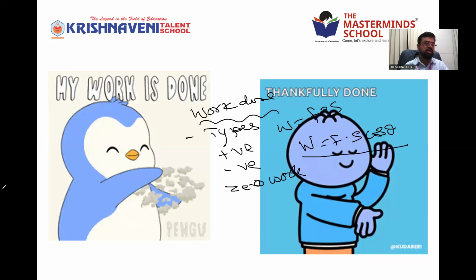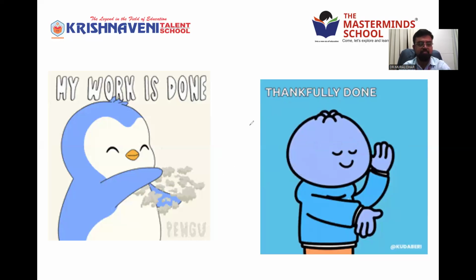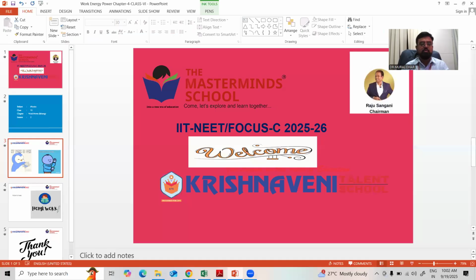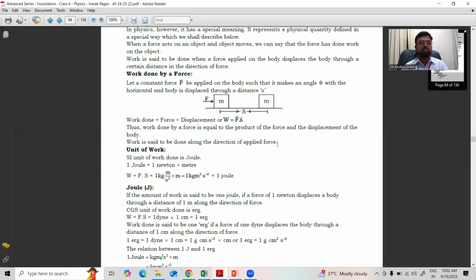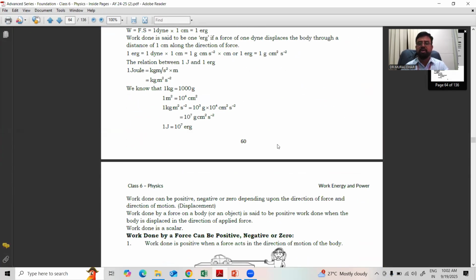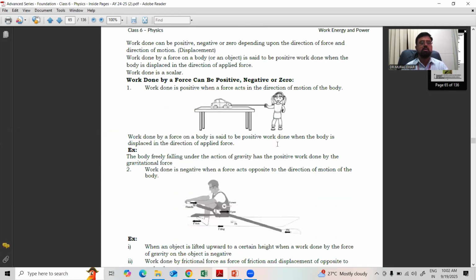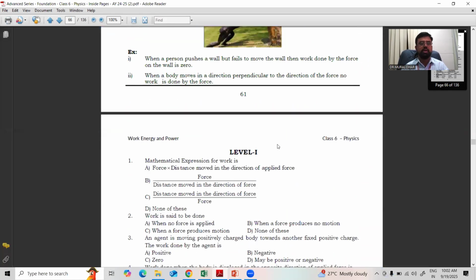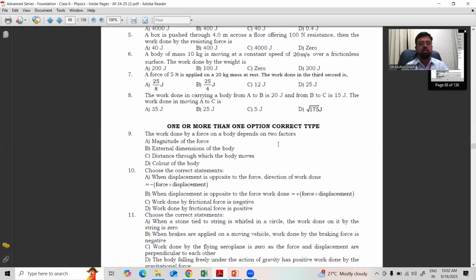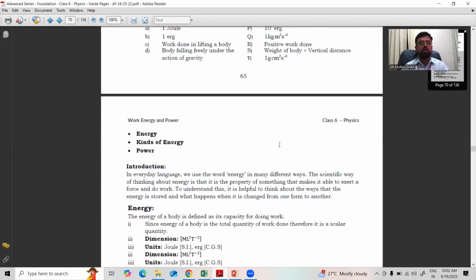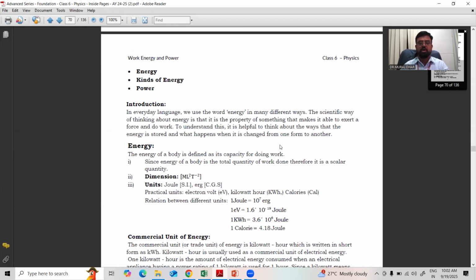So all these topics we discussed in the last class. We'll continue with the new part of the chapter, that is energy. These are the types of work done you have seen. Work is measured in joule or erg. Positive work done, negative work done, all we have seen. Now the second part is based on the work done only.